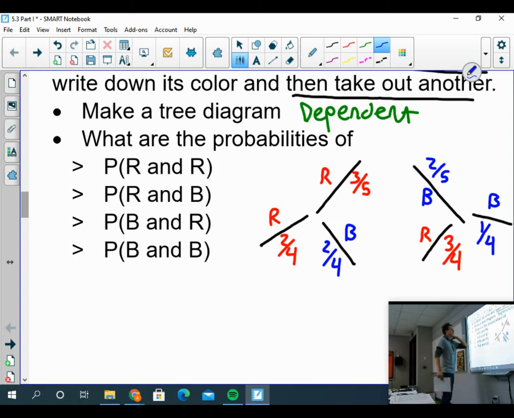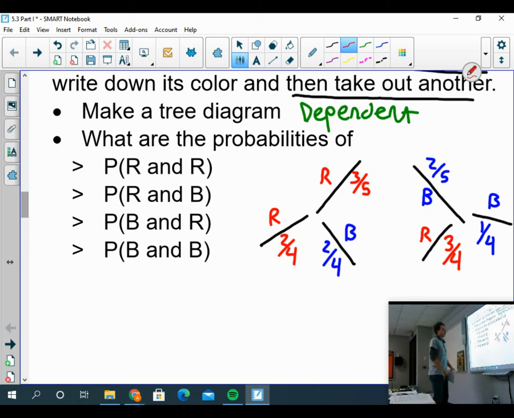You get the idea. Okay? Well, now that I have the probabilities of each thing happening, now I can do the and probability. Again, I've already accounted for the fact that it's dependent by changing the probabilities in the second half of the tree diagram. So now I can just multiply the probabilities together to find my answer.